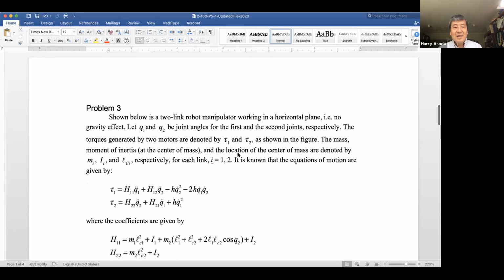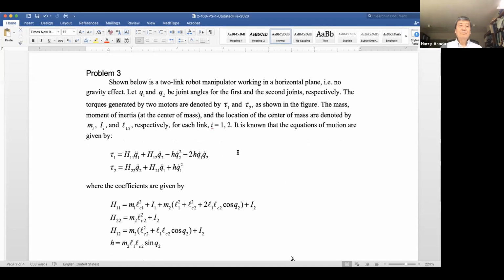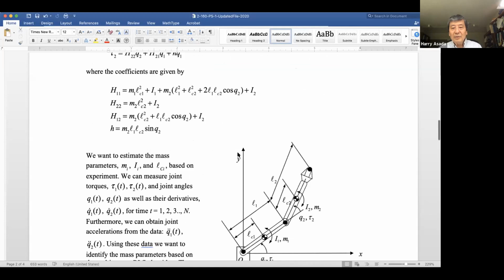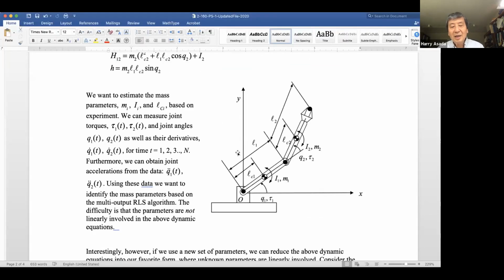Problem 3 is a little complex, with messy equations involved here. This is taken from a robotic manipulator arm and robot dynamics. So here's the 2-link robot having its mass parameters.